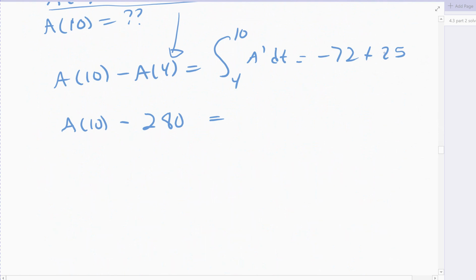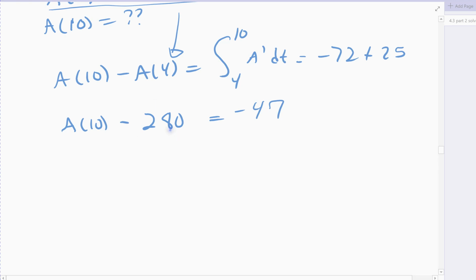Let me make sure I do it right. I'm going to get my calculator out. So negative 47, all right? So there was a net loss over those years from 4 to 10 of $47,000 in donations.